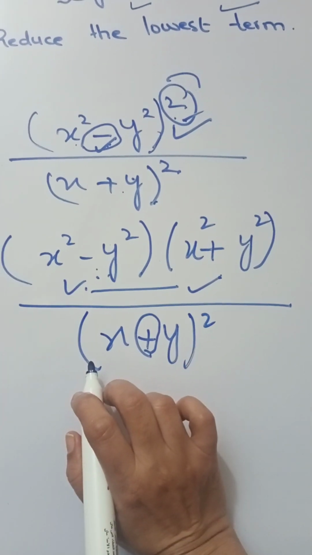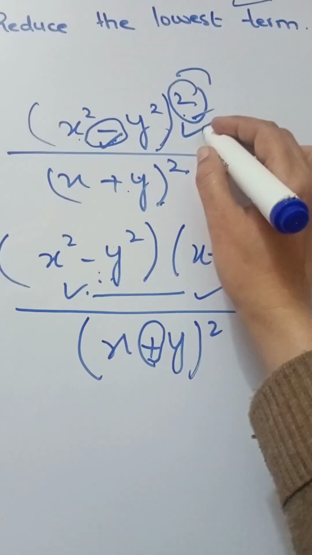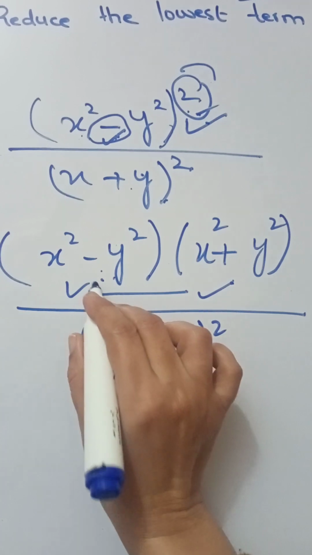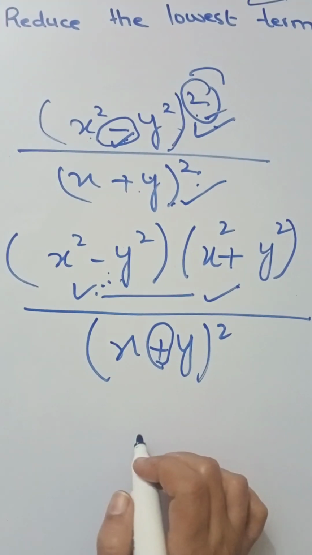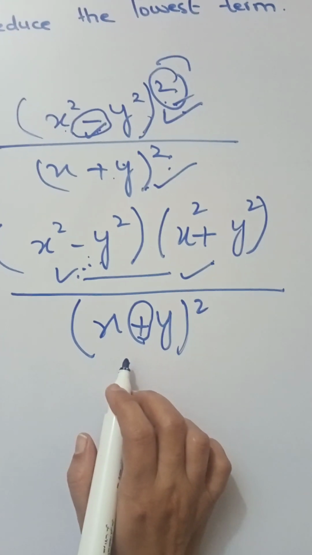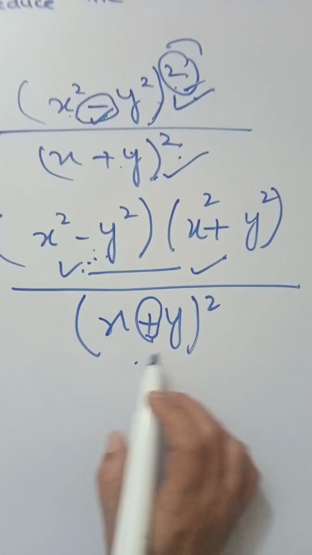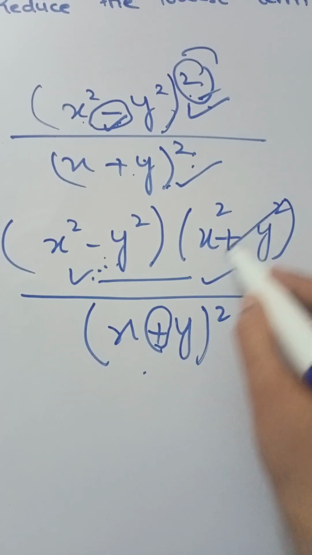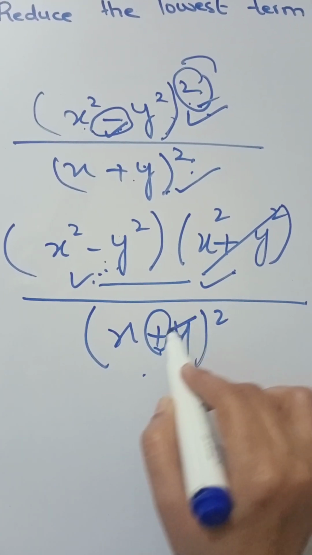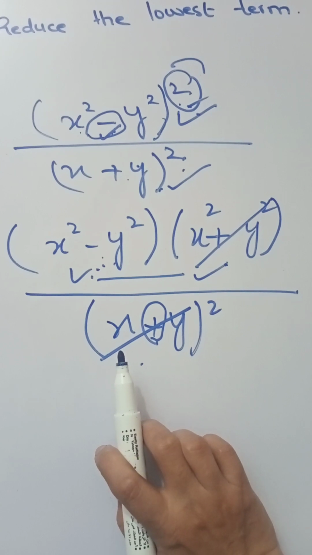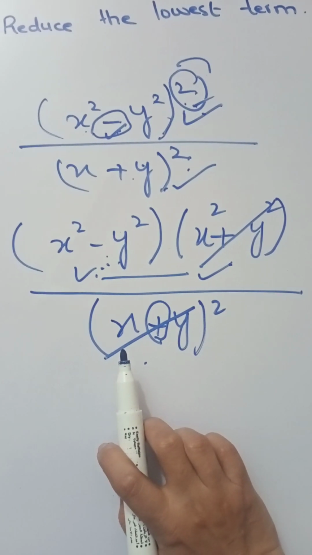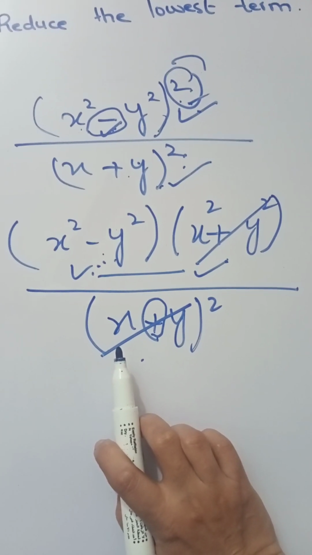Now we have terms like this. It is broken into two brackets, and we did not break the other, so we keep it as it is given. Now it can be cancelled because the numerator can be divided by the denominator, having equal terms.